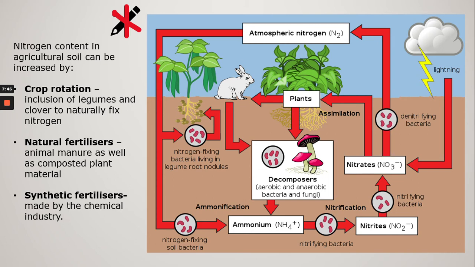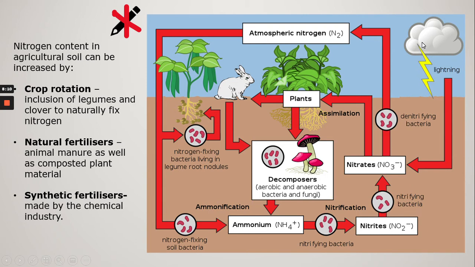Well, nitrogen is quite different to carbon dioxide in its chemistry. Nitrogen has a very strong triple bond in this N2 molecule. The nitrogen molecule N2 is very difficult to break apart. It's very unreactive, and it's very difficult for plants to access that. So plants can't just absorb nitrogen from the air, and they have to get it in other ways.